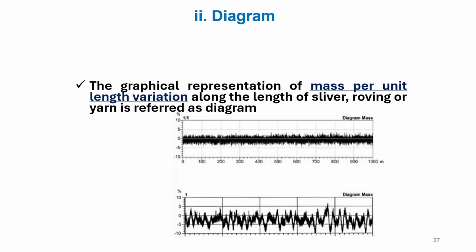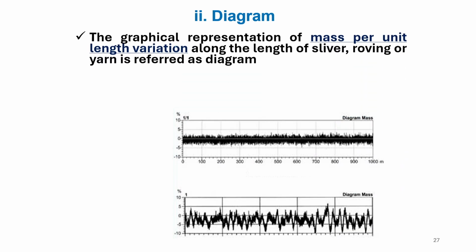Okay. So, the graphical representation of mass per unit length variation along the length of sliver, roving or yarn is referred to as a diagram. So, this is the length, and here the mass per unit length variation is there.